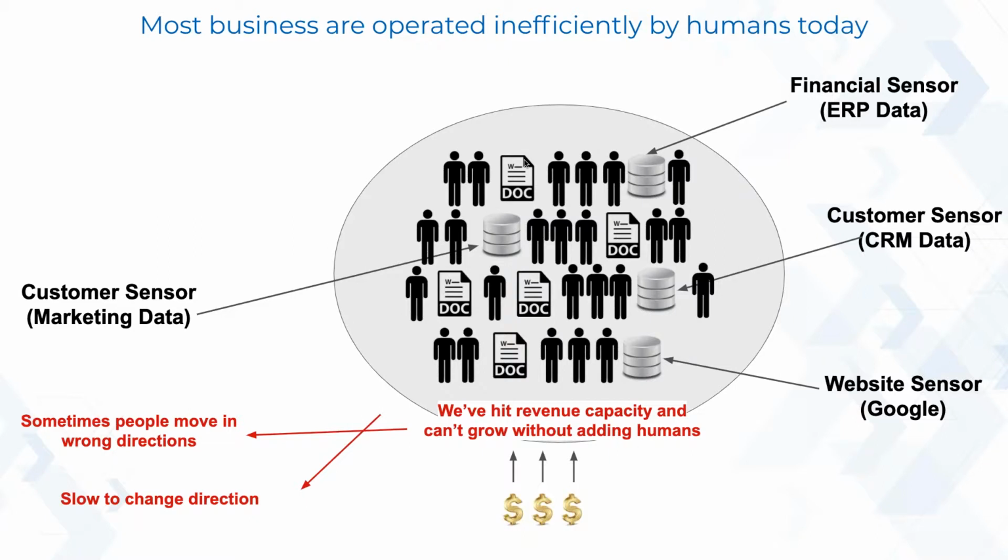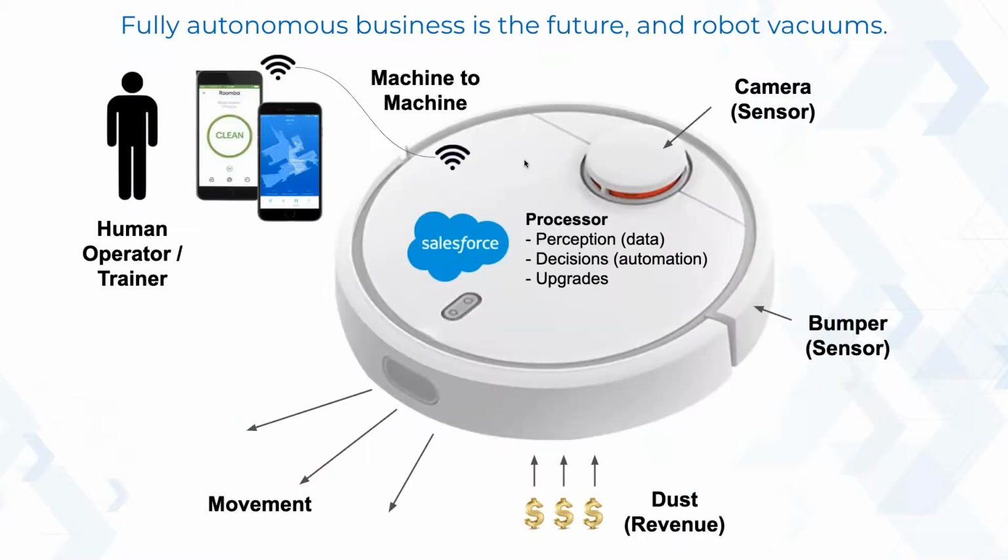It's really interesting to rethink how business could be if we thought about it more like a robot vacuum sweeping up that dust automatically, with a central processor that has a perception, being all of the information around it and internal. It holds all of that information, just like that app mapped out my apartment.